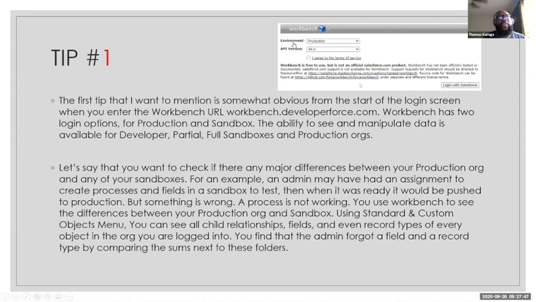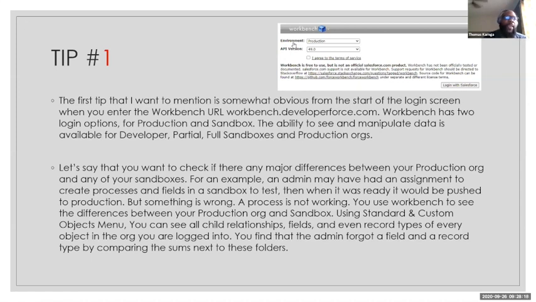If you can see this graphic here, I may have to back out of the slideshow to show you a little bit more, but this is what the login page looks like. As you can see, you have the option for production showing here, and when you click that, it'll also give you the option to go into your sandbox. So not only can you enter your production org, you can also enter your sandbox.